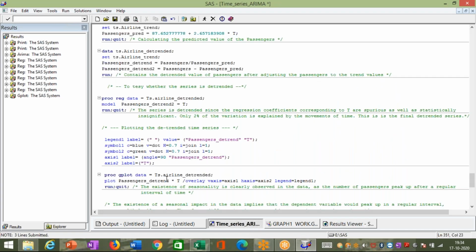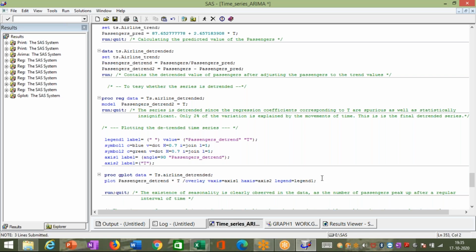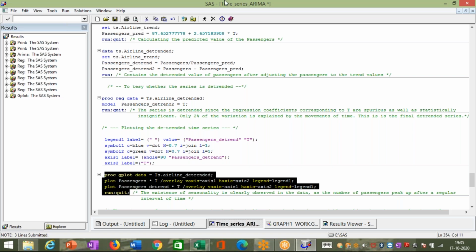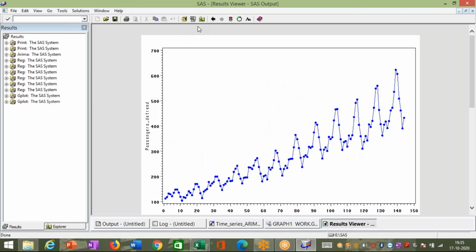Versus if I had plotted passengers and time, let's see how that would have looked. So when I plotted passengers and time, this is how it was looking. You fit the linear trend and you get the series, right?